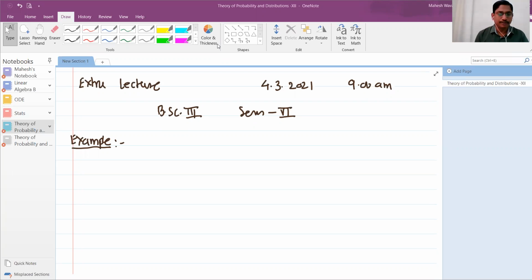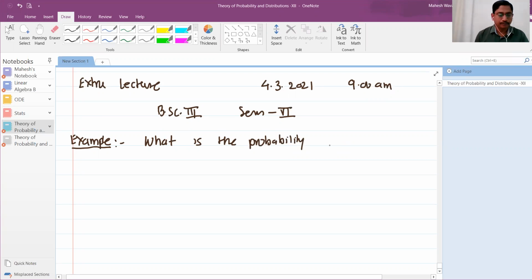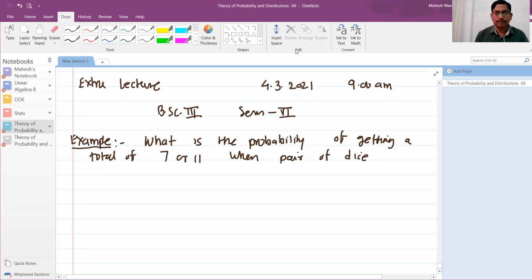What is the probability of getting a total of 7 or 11 when a pair of dice is thrown?